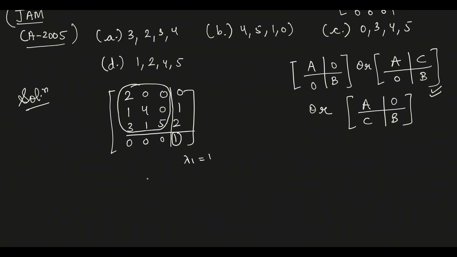What will be the eigenvalues for this matrix? Eigenvalues will lie on the diagonal entries because it is an upper triangular matrix. Yes, 2, 4, 5.